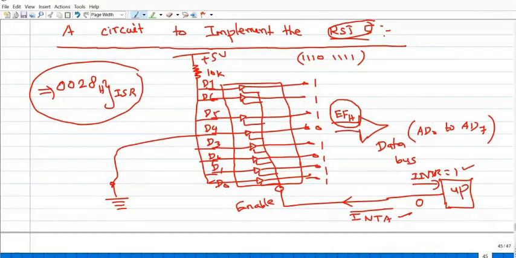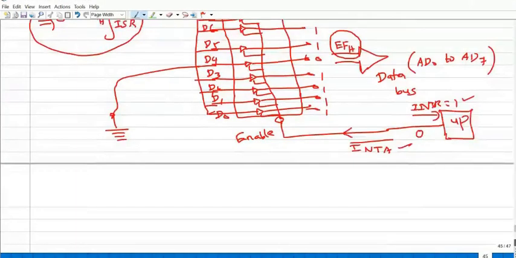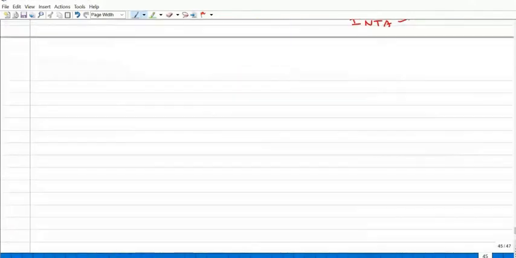In today's class, we are going to draw the timing diagram for the INTA acknowledgement. The timing diagram for opcode fetch we completed, the memory read operation we completed, and the memory write operation we completed.